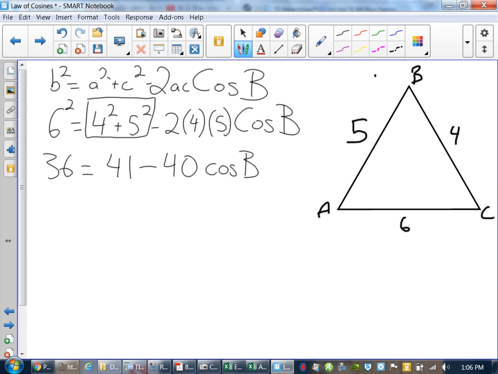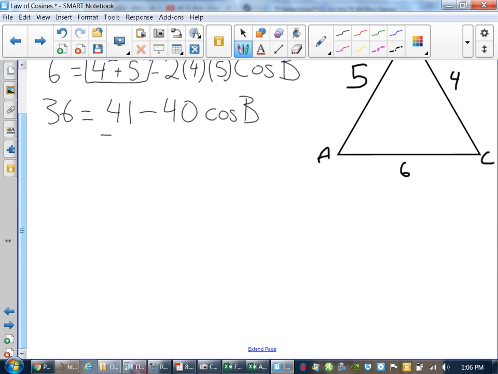Notice you are here now. You combined like terms, you multiplied stuff out. Then you moved the 21 over. What am I going to move there? 41. How? What's 36 minus 41?